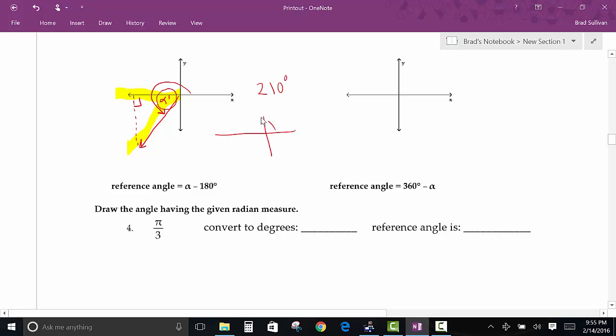You would draw your angle like that, and then what you'd be looking for is this angle right in there. So 210 less halfway around the circle would give a reference angle of 30 degrees. What you're doing is you take the angle I give you and you subtract 180 degrees.